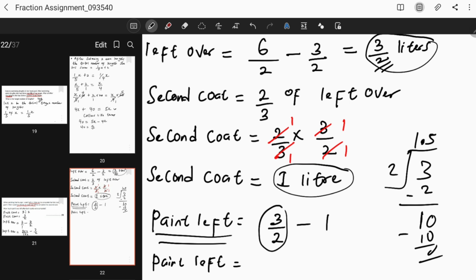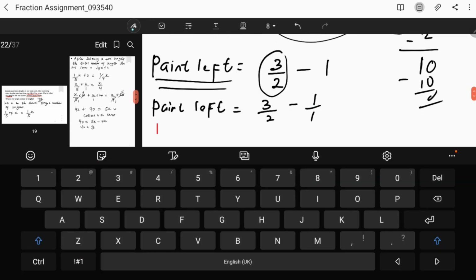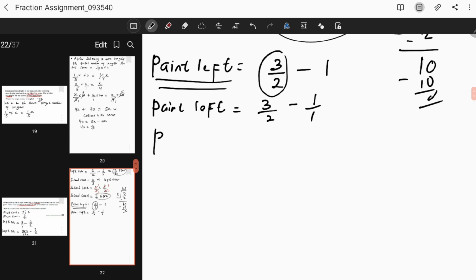So the paint left, we can just continue making use of our fraction, but someone can just say 1.5 minus 1, which is equal to 0.5. But no problem, let's continue. This is 3 over 2 minus 1 over 1. We're still going to make use of our equivalent fractions, right? So I have that paint left is equal to 3 over 2 minus 1 times 2 over 1 times 2.